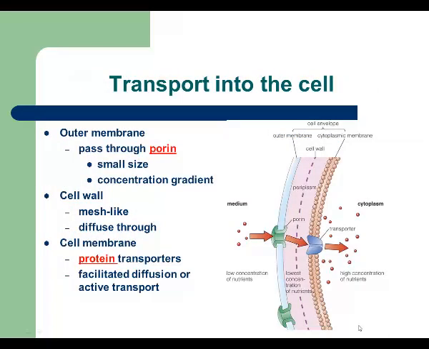On this picture, you see the cell envelope of a gram-negative bacterium. The most inner layer is called cytoplasmic membrane or plasma membrane. And then the next layer is called cell wall. And then we have the outer membrane, the most outer layer.